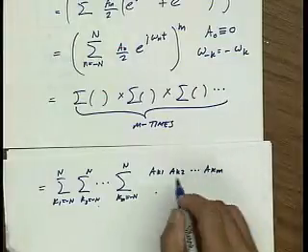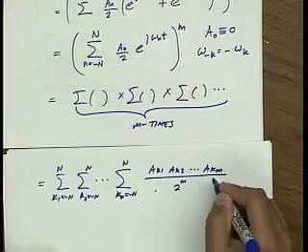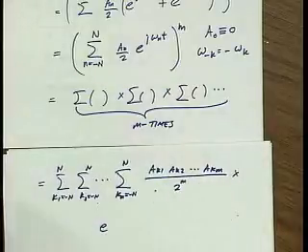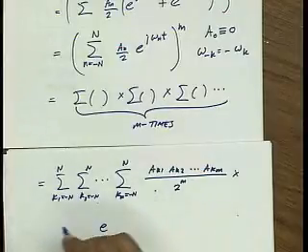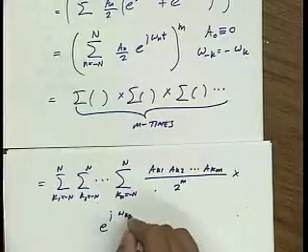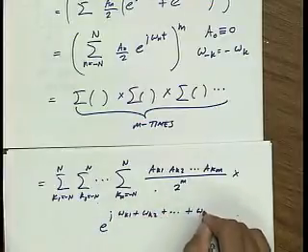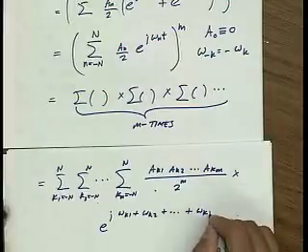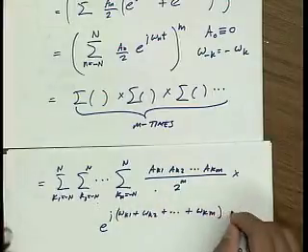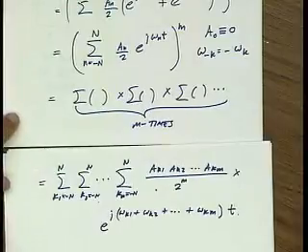I have m of these. And then I have 2 to the mth power times e to the j, sum. When I multiply exponentials, of course, I can just take the sum of the frequencies, omega_k1 plus omega_k2, all the way to omega_km, t. Is that clear to everybody?